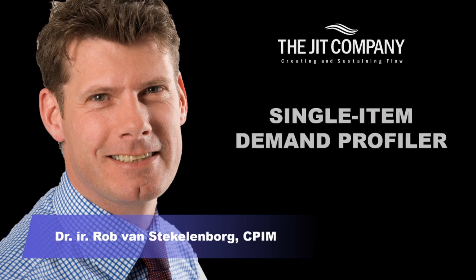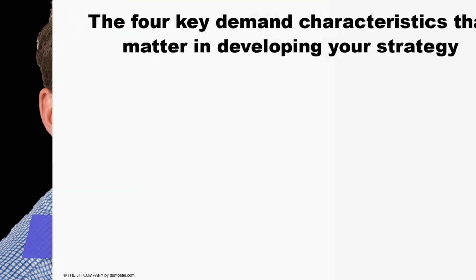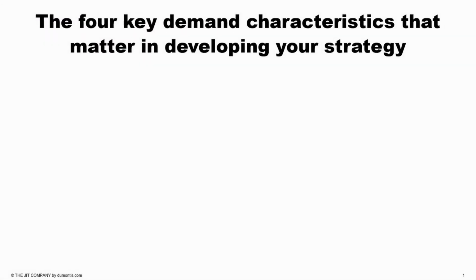Now, in this video, I'm going to demonstrate our Single Item Demand Profiler, or SDP application for short. There is no one-size-fits-all value stream or supply chain strategy, I think. Your approach should depend upon your context, and one of the main factors to consider is the profile of your market demand. There are 4 demand characteristics that you should consider.